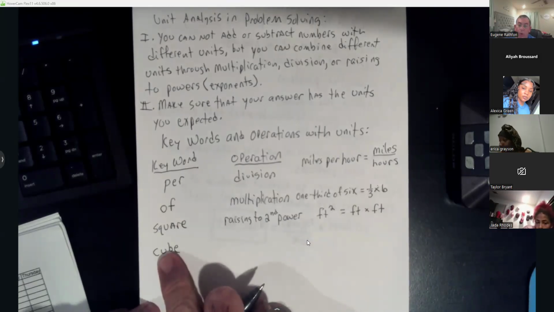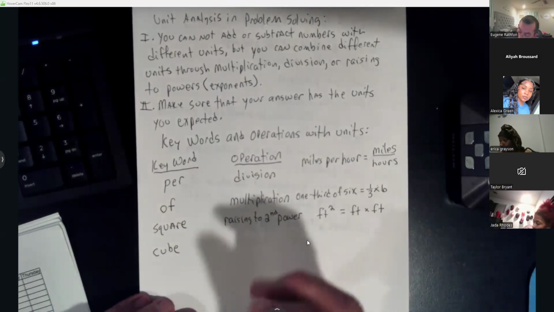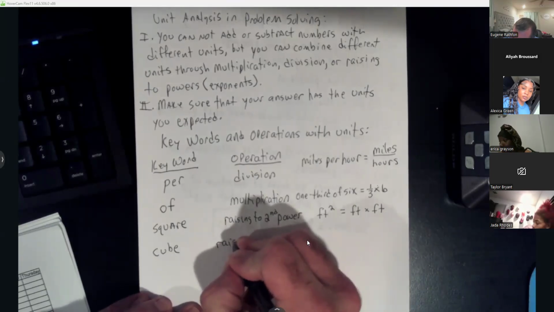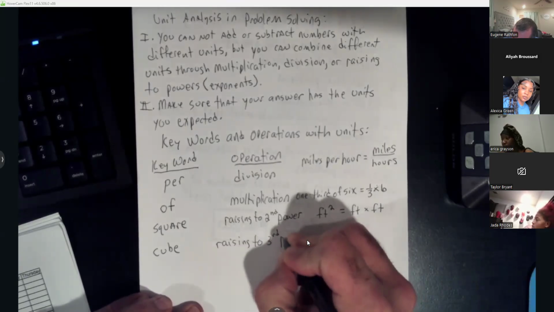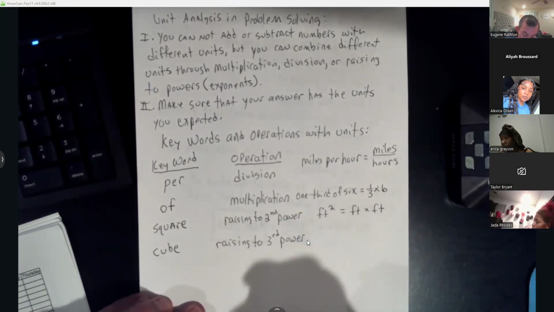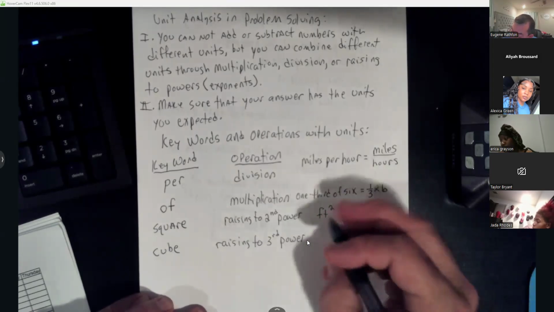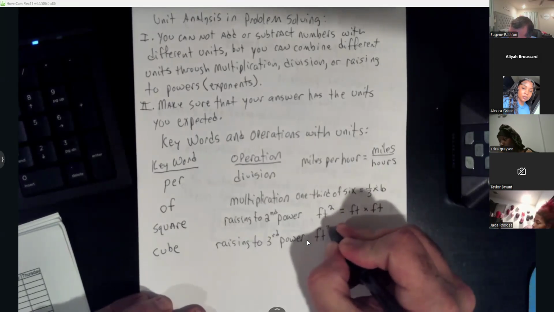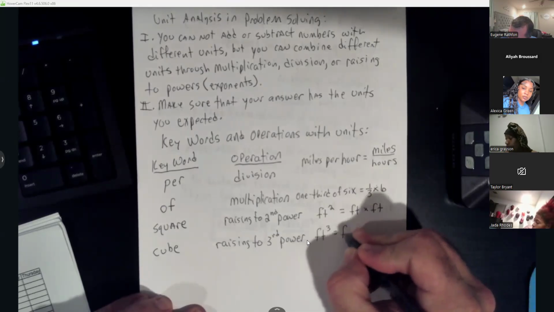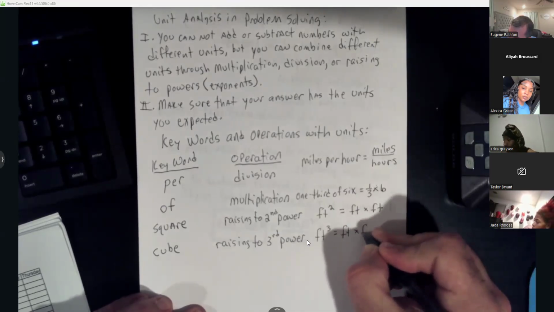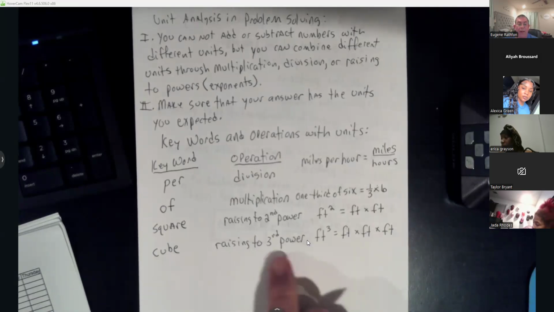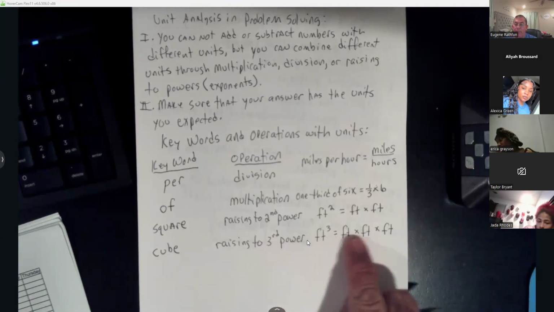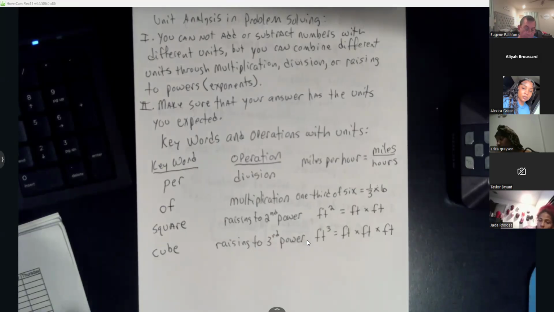A cube or cubic is raising to the third power. So feet cubed would be like feet times feet times feet. So for a cube, you would multiply the unit times itself 3 times.